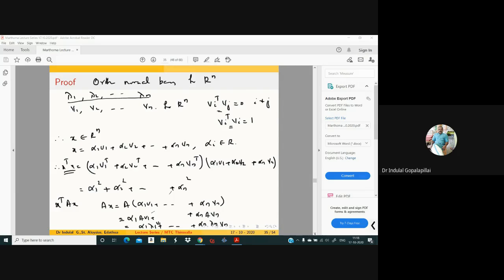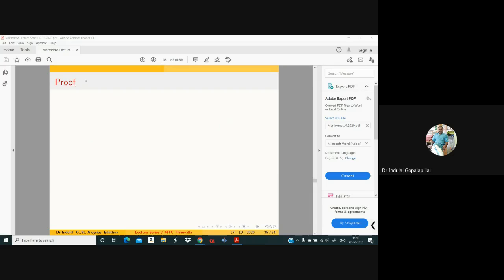So we use this. Keep this in mind. x transpose x is equal to alpha 1 square plus etc. plus alpha n square. Ax is equal to alpha 1 lambda 1 v1 plus etc. plus alpha n lambda n vn.